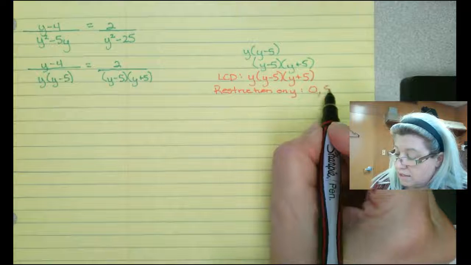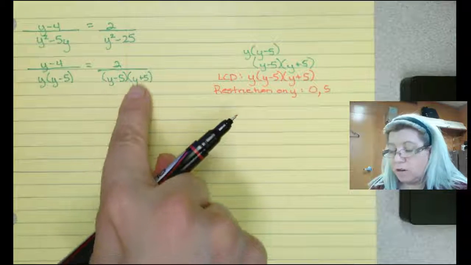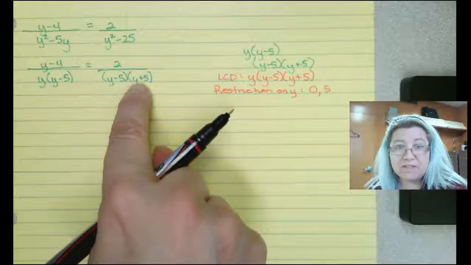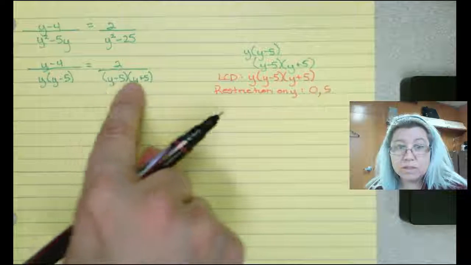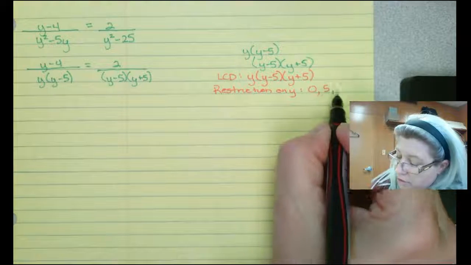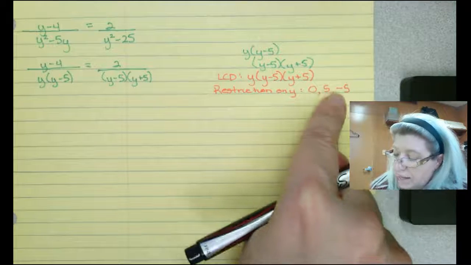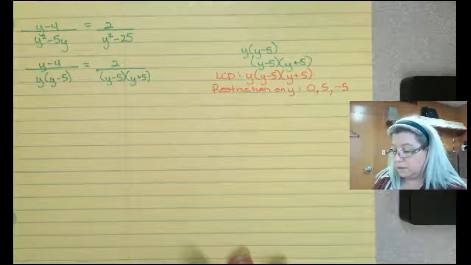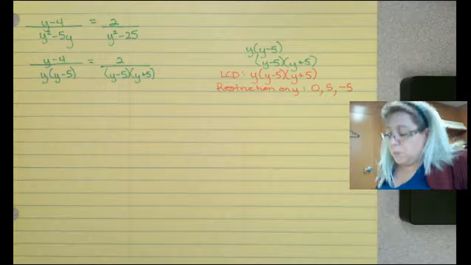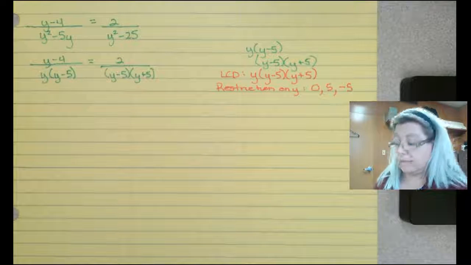So positive 5 is also a restriction. And over here, negative 5 plus 5 is 0, so that will zero out this denominator. So my restrictions are 0, 5, and negative 5. Now I'm going to multiply both sides by the LCD.